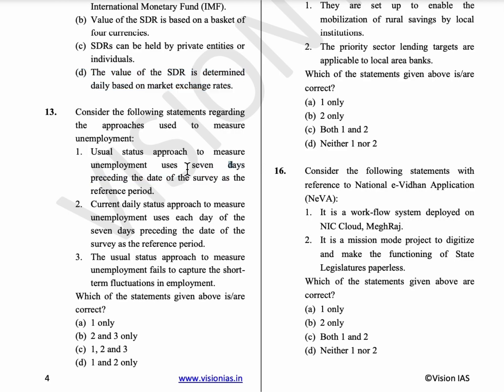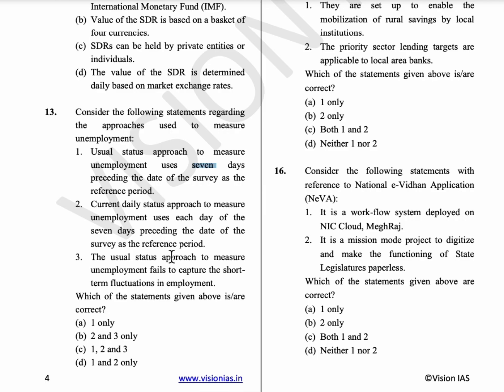It uses 365 days to measure the unemployment. So first statement is wrong because it uses 365 days assessment. Next is, the current daily status approach to measure unemployment uses each day of the 7 days preceding the date of the survey as the reference period.